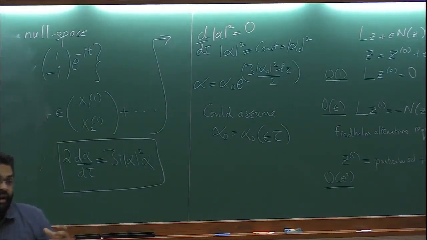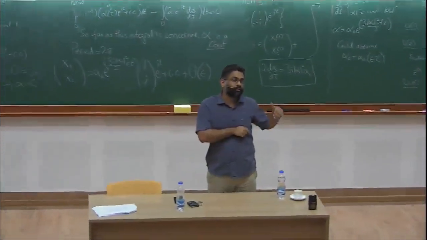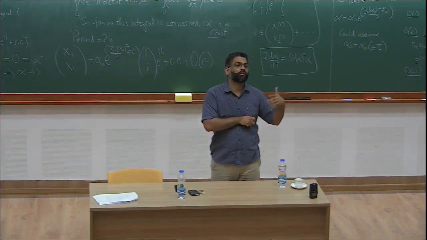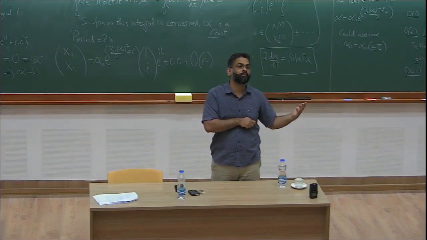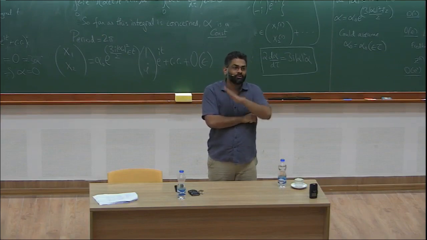But I will leave it arbitrary if I stop here. I will define what that is if I go to the next order and figure out the Fredholm alternative condition at order epsilon squared. In practice, nobody ever does that.